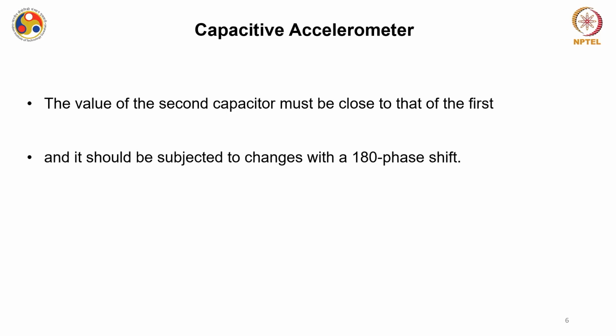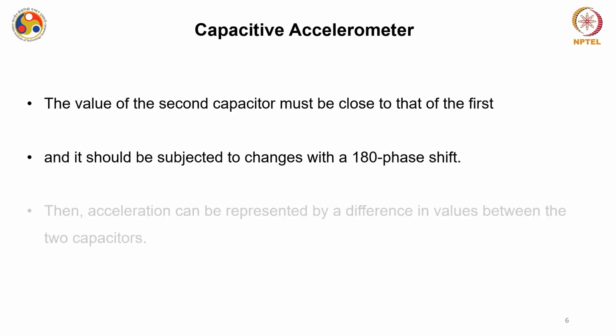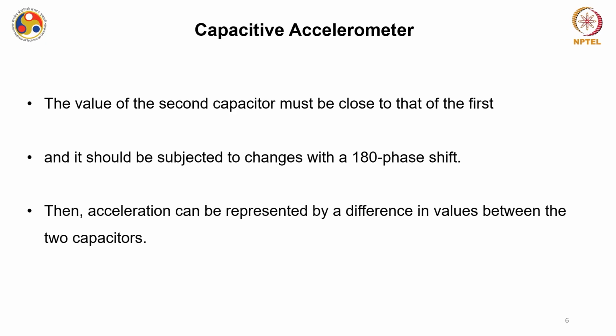But it should be as identical to the first as it can be. And the second capacitor should be subjected to change with a 180-degree phase shift. Then acceleration can be represented by the difference in value between the two capacitors.